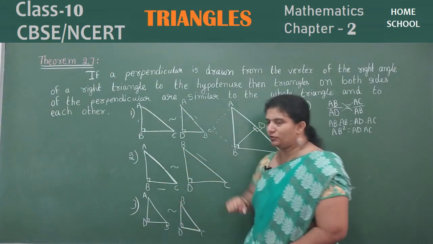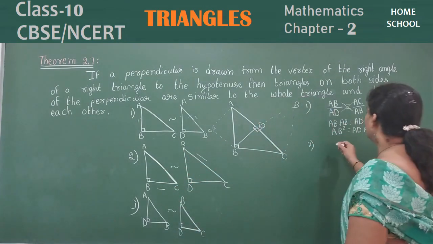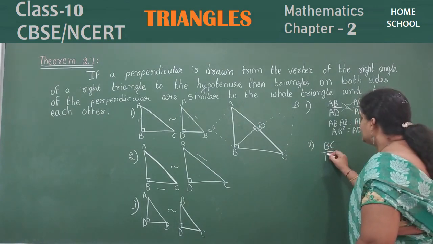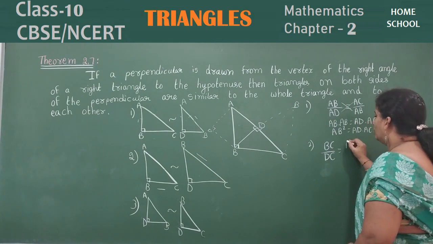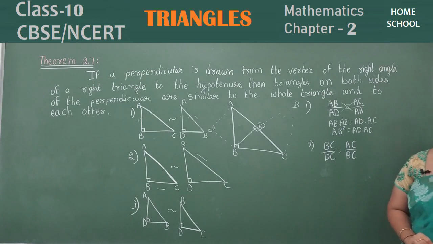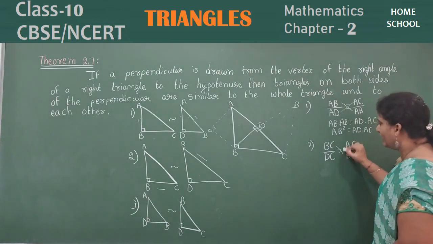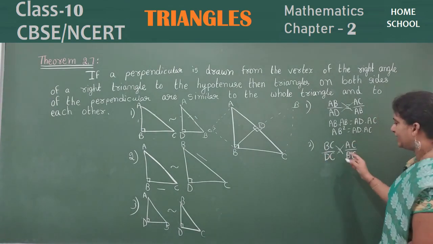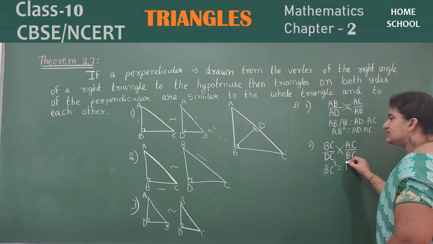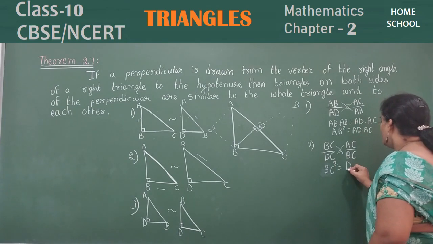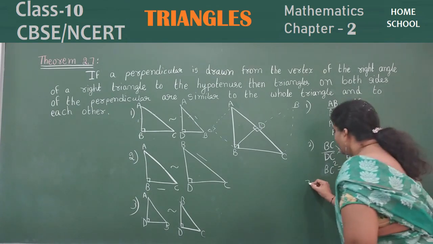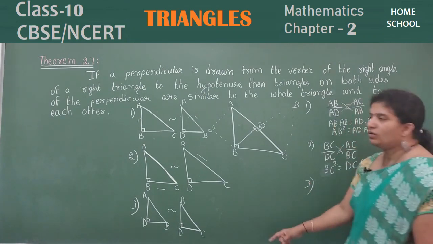Base and hypotenuse of the two triangles. Compare BC by DC is equal to AC by BC. Okay, so now again cross multiply. BC into BC will be BC whole square is equal to, what are you going to get? DC into AC.